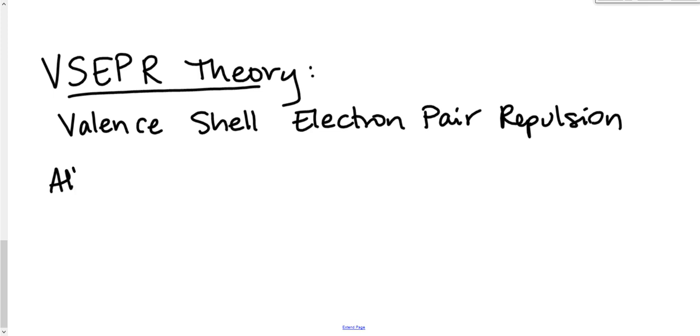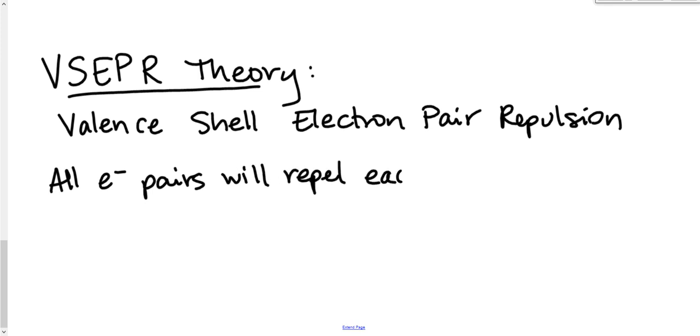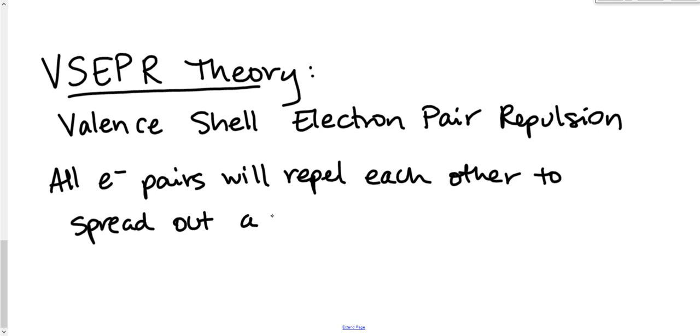So all electron pairs will repel each other because they're all negative, so they spread out as far apart as possible.